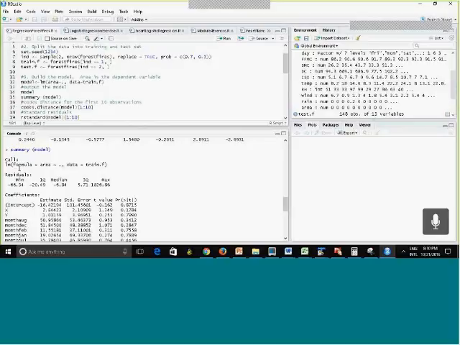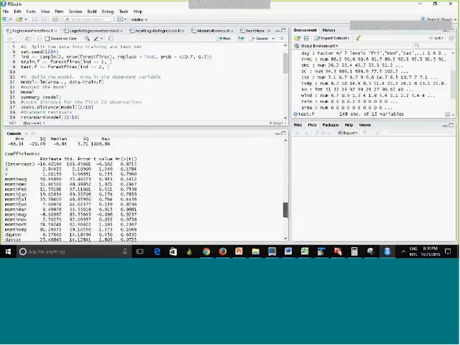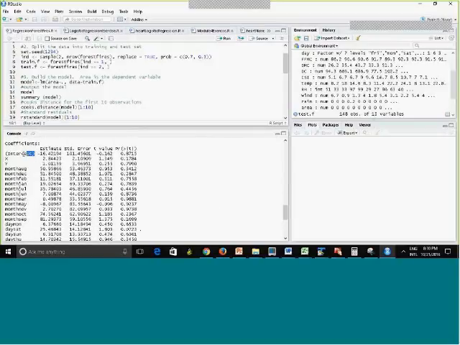So here, my summary command is going to show me the formula, the command that I ran to build the model. Here are the residuals, right? Residuals are basically the difference between the actual values and the predicted values. So here I have my intercept, right?